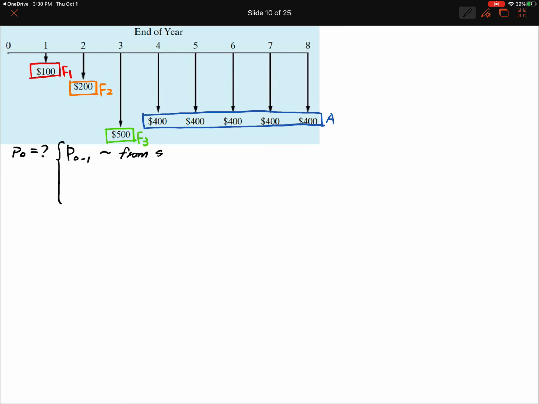The first part is from the 100. Okay? And then that is a type of future cash flow. In this diagram, because everything is going downward, so we're not going to label them negative or positive.